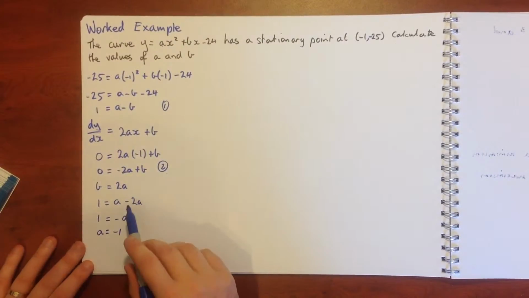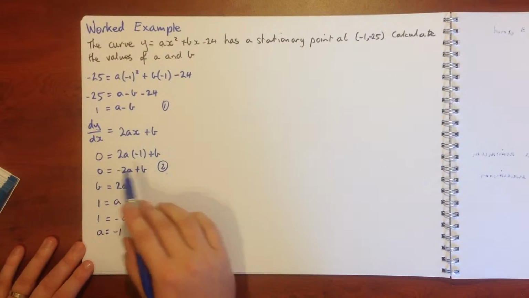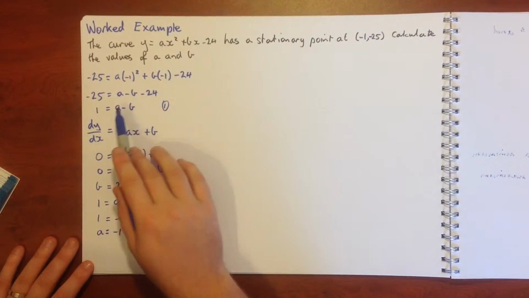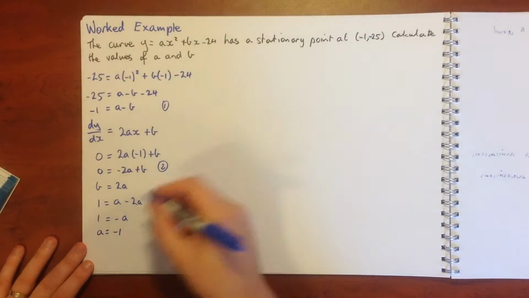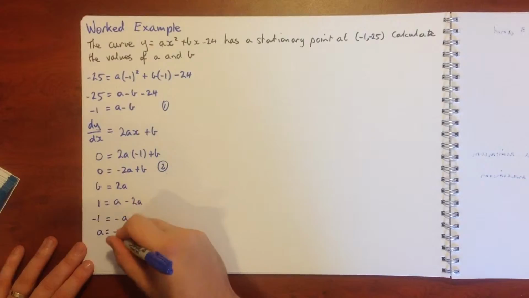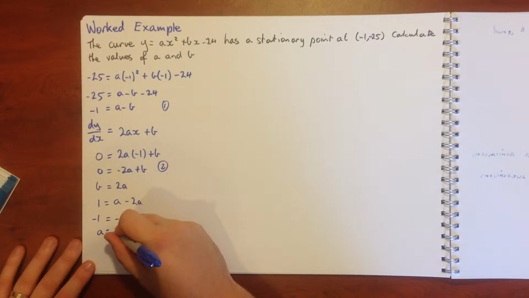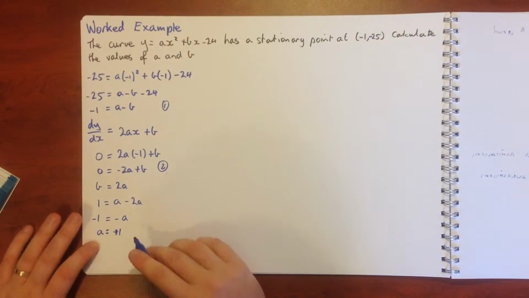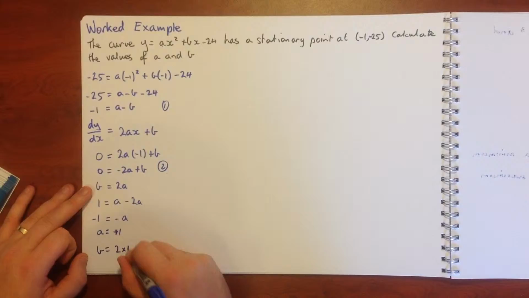Sorry, I've mucked something up slightly there. -2a plus b equals 0. Sorry, this should be a -1, not a +1. So that means that a equals +1. Okay, so a equals +1, so b then equals 2 times 1, which is just equal to 2.